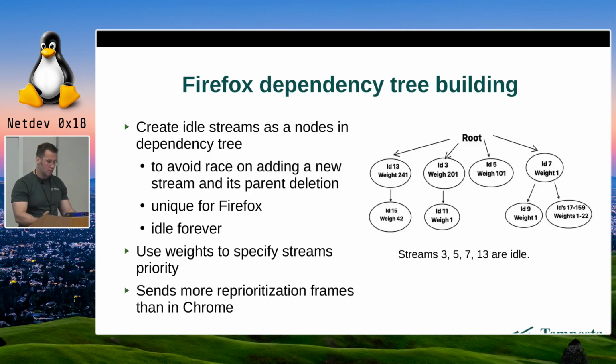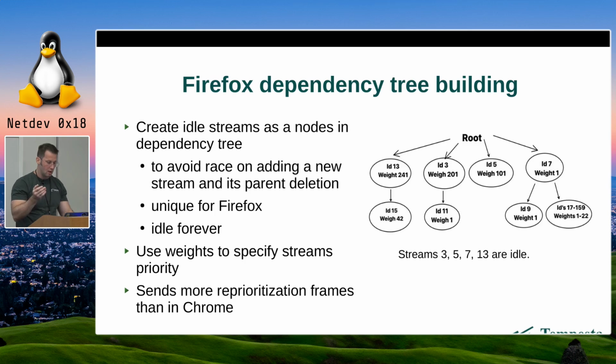Okay, what else about Firefox? Firefox is the only browser which uses idle streams as placeholders in the dependency tree. In our understanding, and Robin Marx also reported this, this is probably done to avoid race conditions on the dependency tree.